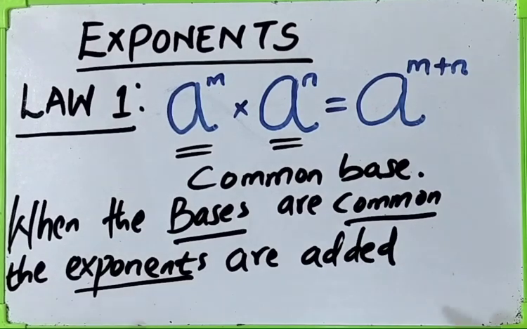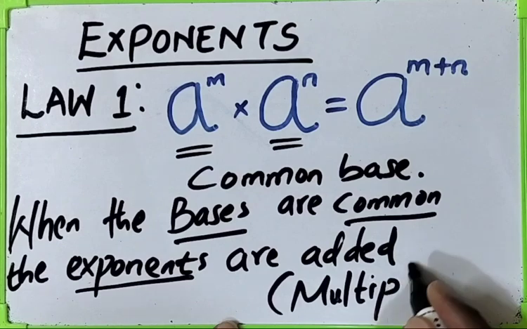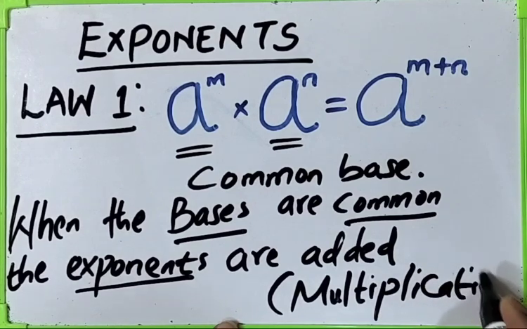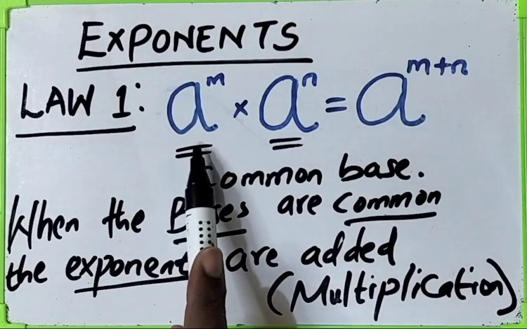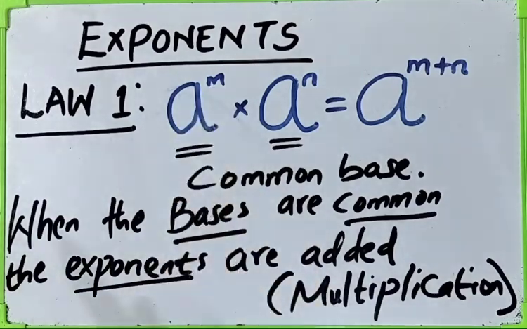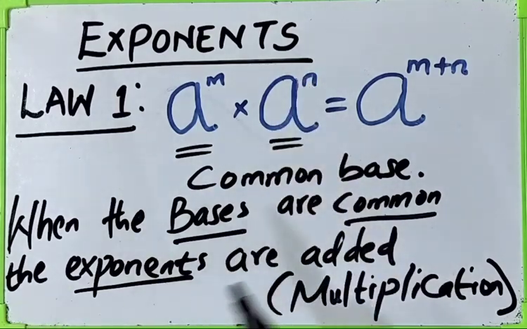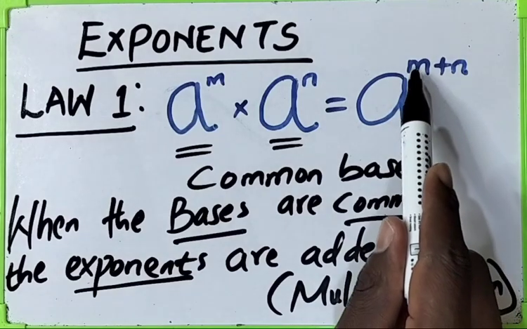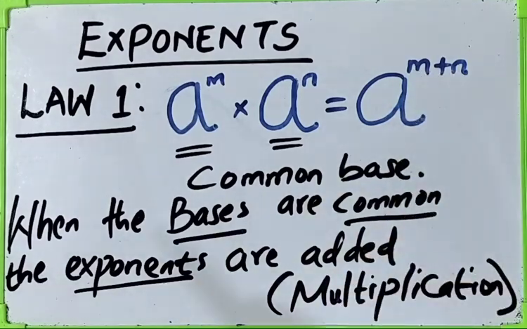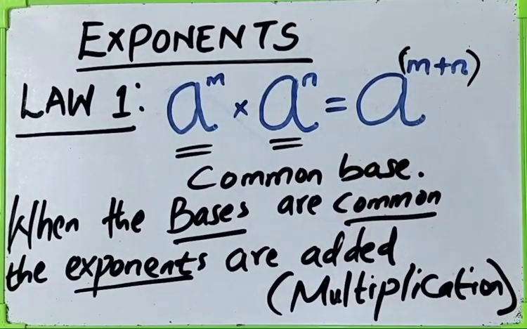This is in the case of multiplication. So in multiplication, a common base raised to some given power times the same common base raised to a given power shall give us that common base, and the powers are added. You can put the brackets or even assume that they are not there.